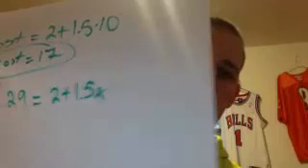Last, if I have $29, I'm going to plug that in for cost. So 29 equals 2 plus 1.5x. Then subtract 2 from both sides.